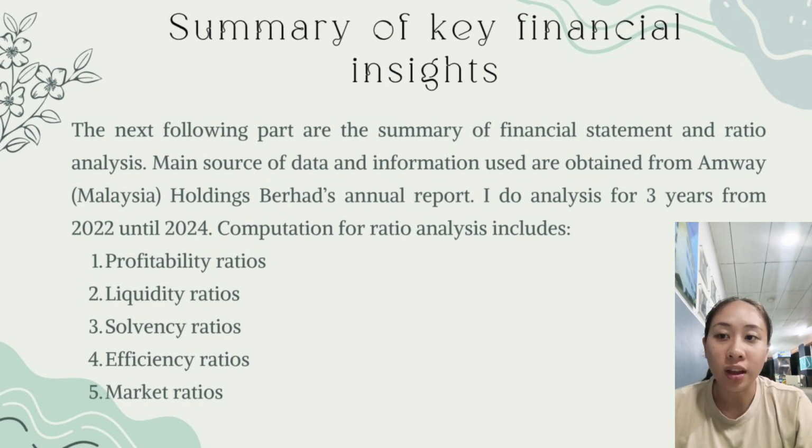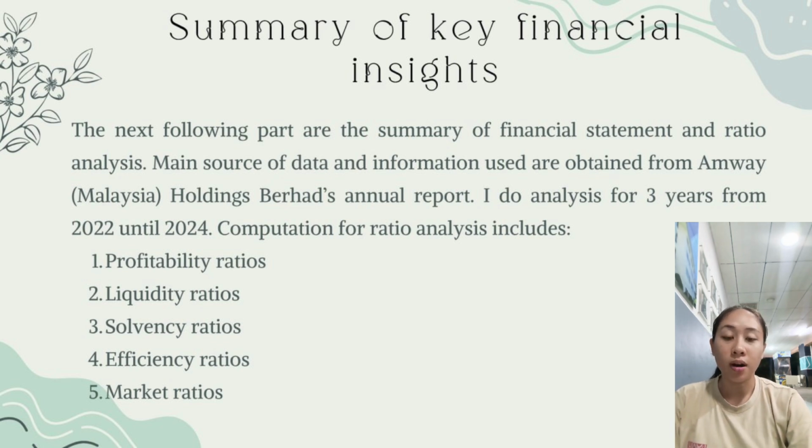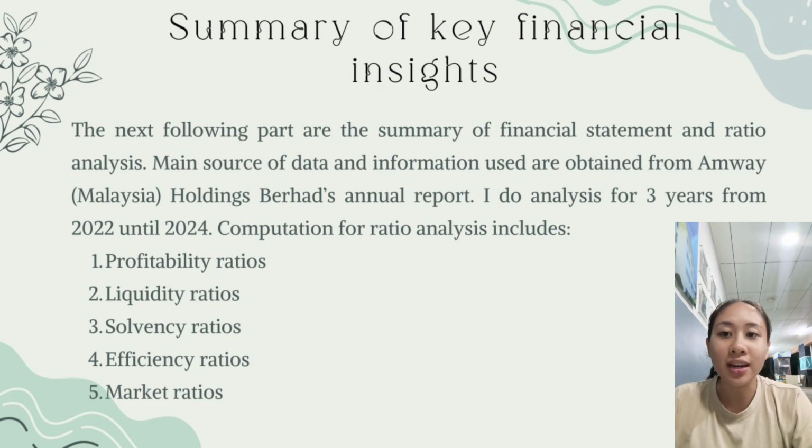The main source of data and information that I use in this presentation is obtained from the Amway Malaysia Holdings Berhad annual report, which I obtained from their website. I do analysis for 3 years, from 2022 until 2024. So the computation for ratio analysis in this presentation includes profitability ratio, liquidity ratio, solvency ratio, efficiency ratio, and market ratio.